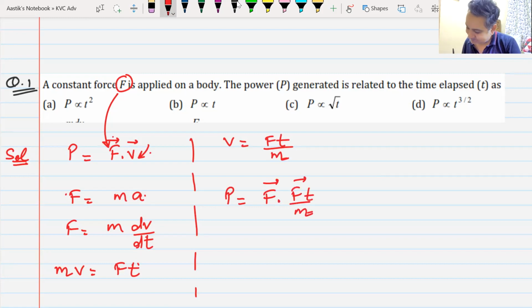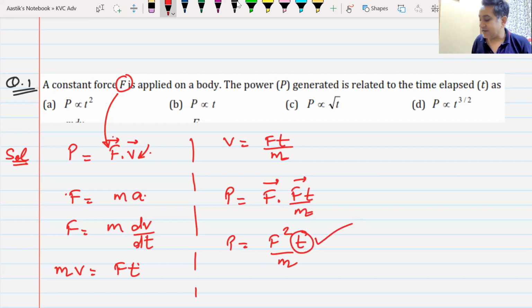We understand this? Yes, sir. So the answer will be F square t by m. F is constant, therefore it is directly proportional to the time t. That is how it has to be done. Got it? Yes, sir.